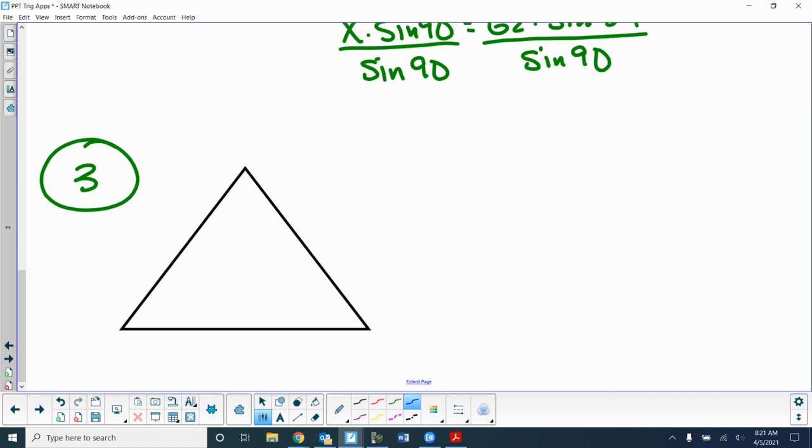Which one's which? That side is for this thing, right?